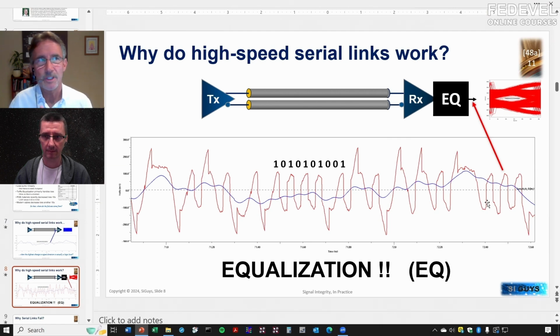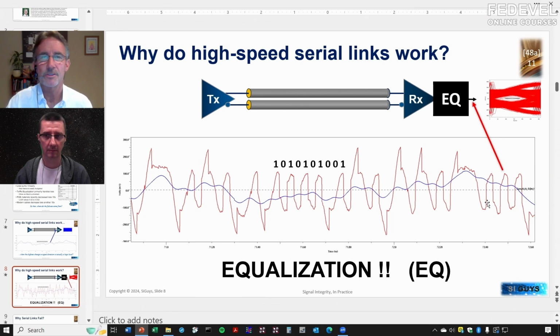Over the last couple of decades, a lot of the techniques have standardized, in the sense that just about every transmitter is going to have what's called an FFE, feed forward equalizer. The receiver is going to have a DFE, decision feedback equalizer. I have a slide about this coming up. So these techniques are fairly common, but how they are done in each chip or IC is a function of their unique design, which is captured in their unique model.